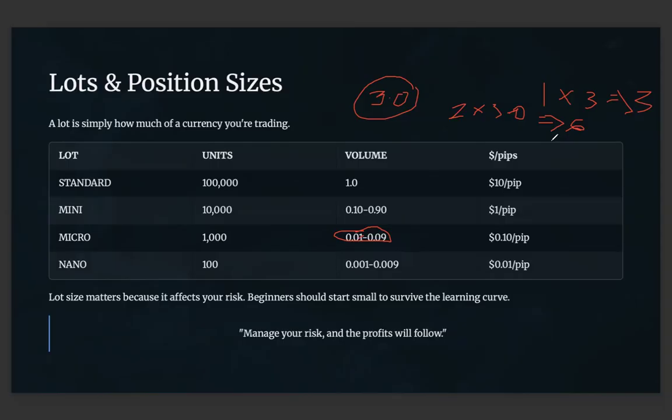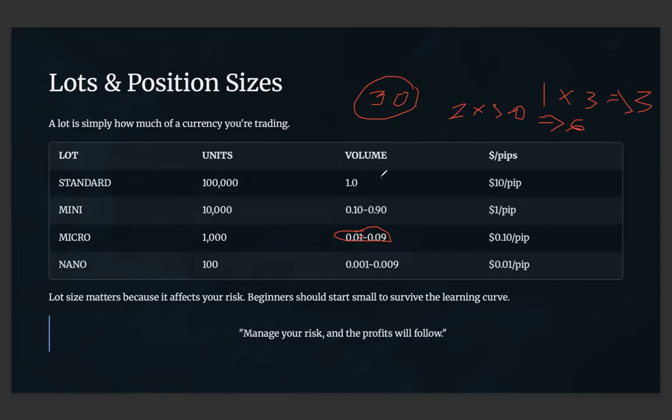Now, if you go higher to a 0.10, 0.10 simply means $10 per 10 pip move. 0.01, $1 per 10 pip move. 0.02, $2 per 10 pip move. 0.03, $3 per 10 pip move. 0.04, $4 per 10 pip move, 0.09, $9 per 10 pip move.